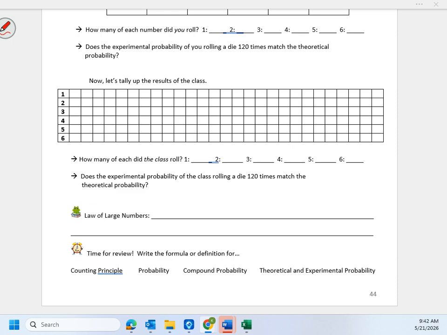All right, what did you get for ones? You should have your numbers counted up, okay? Threes. Fives. And sixes.